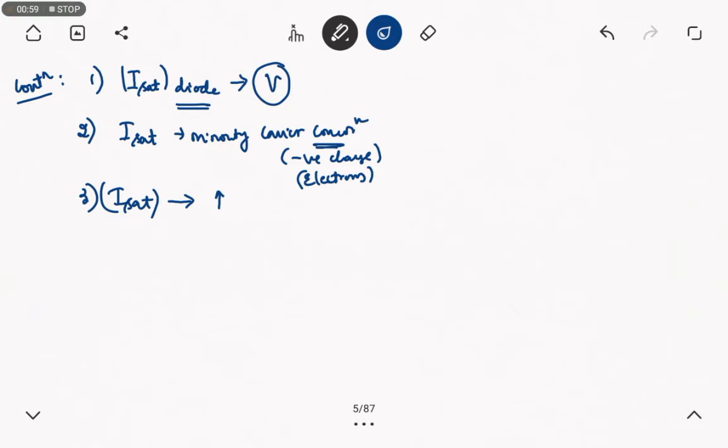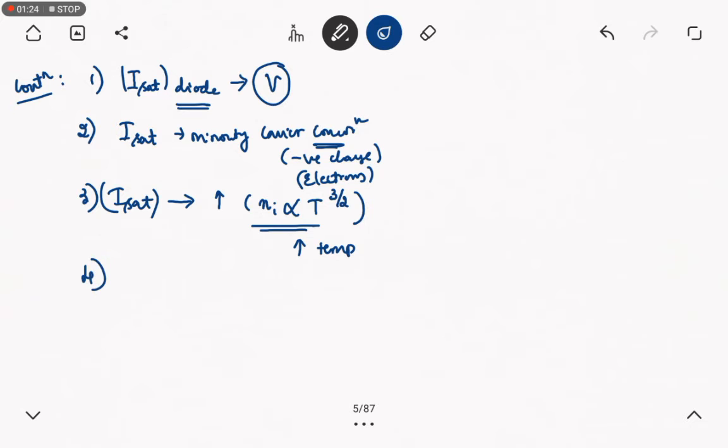How does it increase? This reverse saturation current is represented as ISAT, which is in turn related to intrinsic concentration, and it is directly proportional to temperature T to the power of 3 by 2. This reverse saturation current also increases with the temperature.